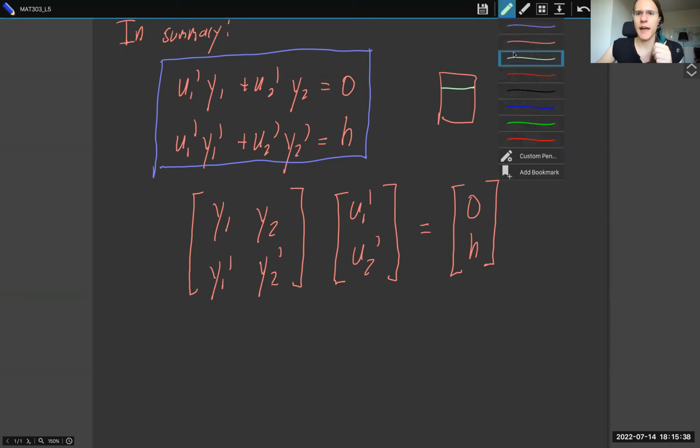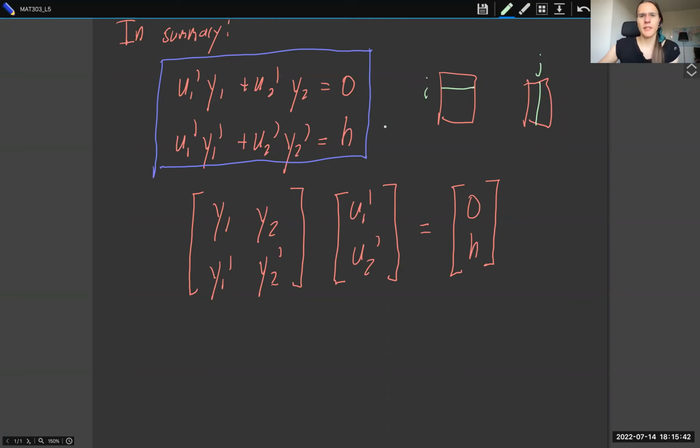So the ijth entry is given by the product of the ith row of the first matrix with the jth column of the second matrix. So in particular, this says that y1 times u1 prime plus y2 times u2 prime is equal to 0, and y1 prime times u1 prime plus y2 prime times u2 prime is equal to h. So that's exactly the way to write this.